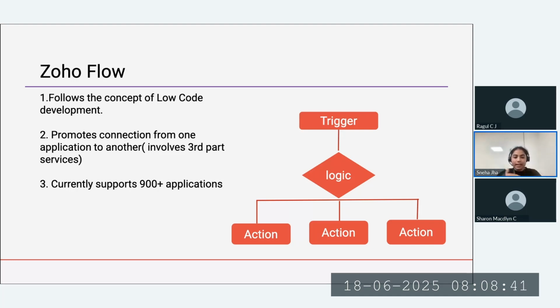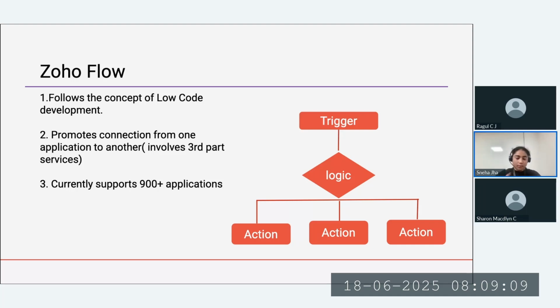When you try to connect these two fields and map them together, there are instances where the format may not be supported and the flow could end up in a failure. To avoid such cases, we have the concept of logic, where you could write a small code to convert the format that you have gotten from CRM into the supported format that you would feed into the system within Zoho People.